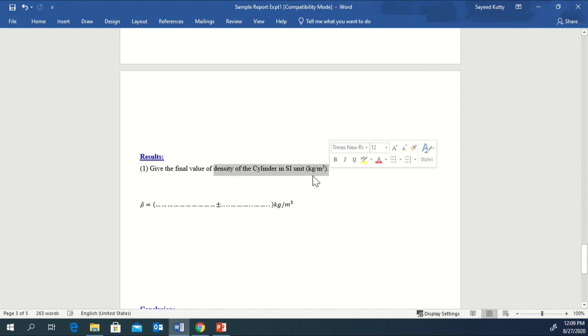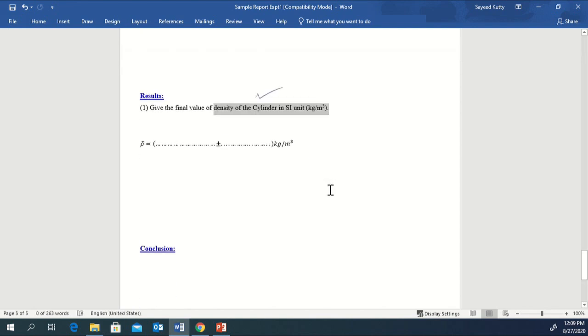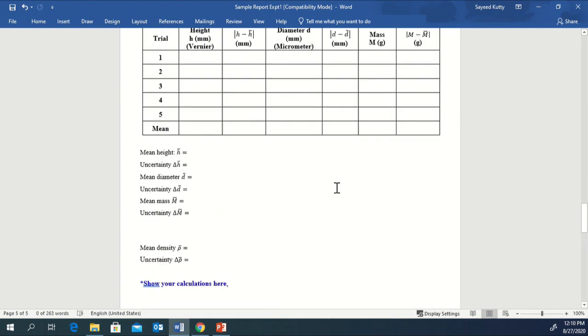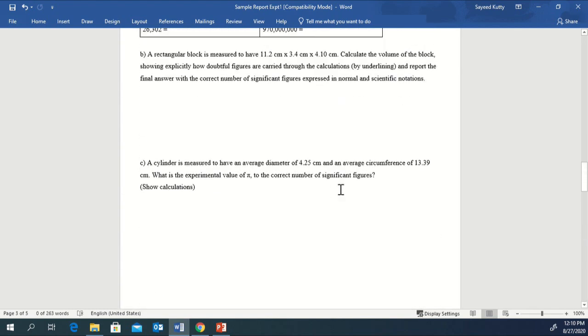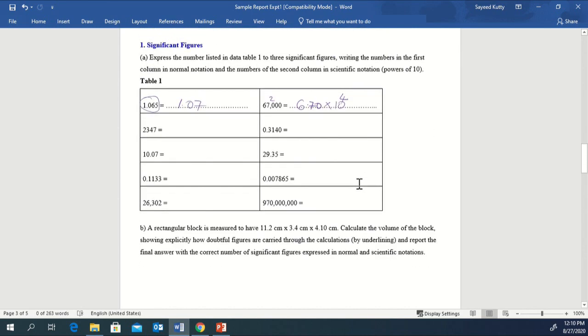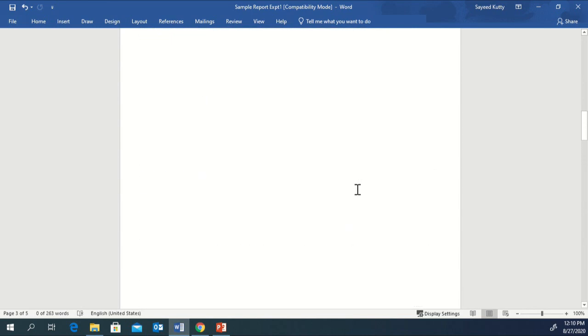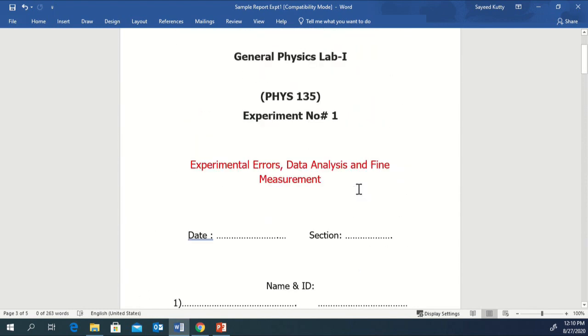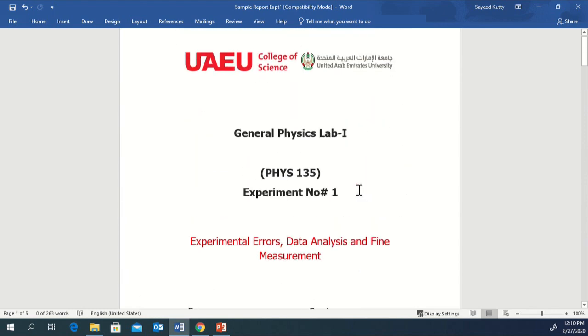From the density of the cylinder, we will be able to identify the material. I will be briefing you about our experimental plan, but this is the sample report, and most of the time we will be providing you such a sample form of report, and you need to complete all the data and data analysis.